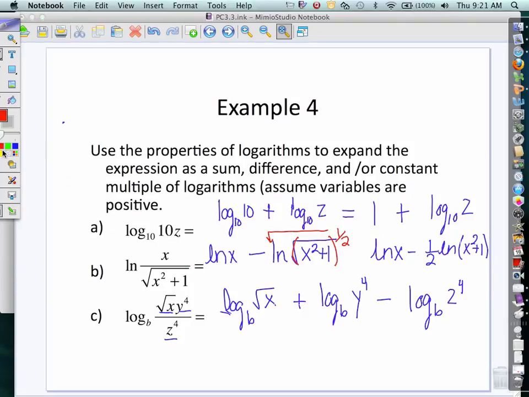In your last step, you're going to want to take all of those exponents and write them in front. Final answer, 1/2 coming from the square root, log base b of x, plus 4 log base b of y, and then minus 4 log base b of z. All right, that is it.